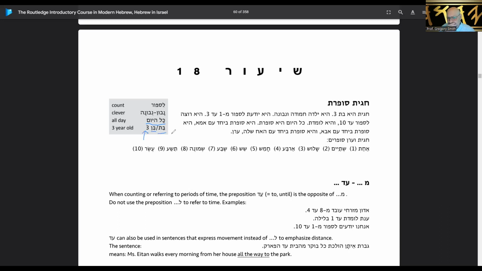The word for 3 is shalosh. Okay, so we have Hagit soperet. I think Hagit is counting. Soperet means counting, or Hagit counts.